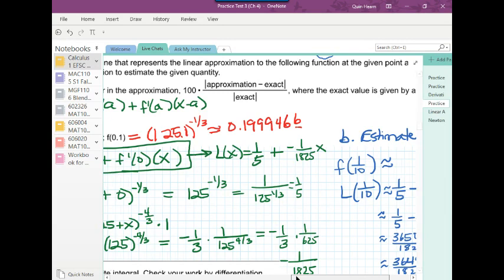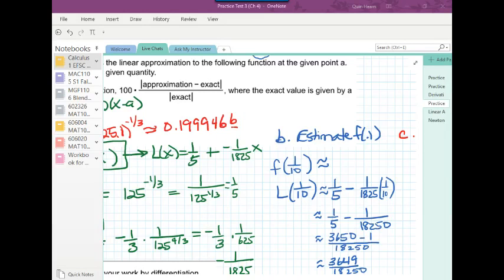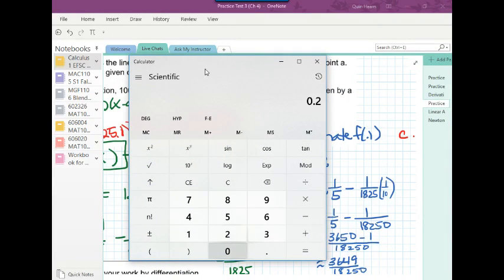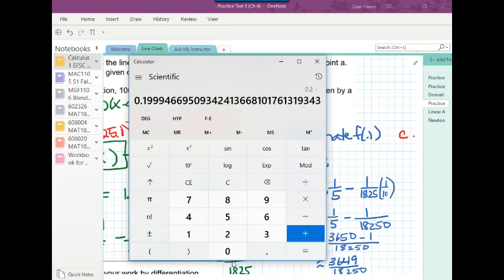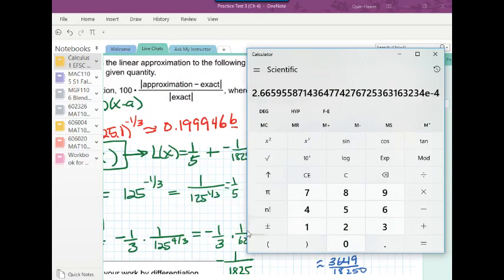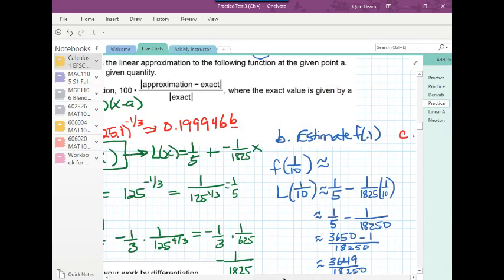Okay, so here is the value. I'm going to write down the first few digits, but I'm going to save that on my calculator. Come on, calculator. There we go. Gotta move it out of the way. All right, so what you get on your calculator is approximately 0.1999466, etc. All right, so that's going to be as close to exact as we can get.